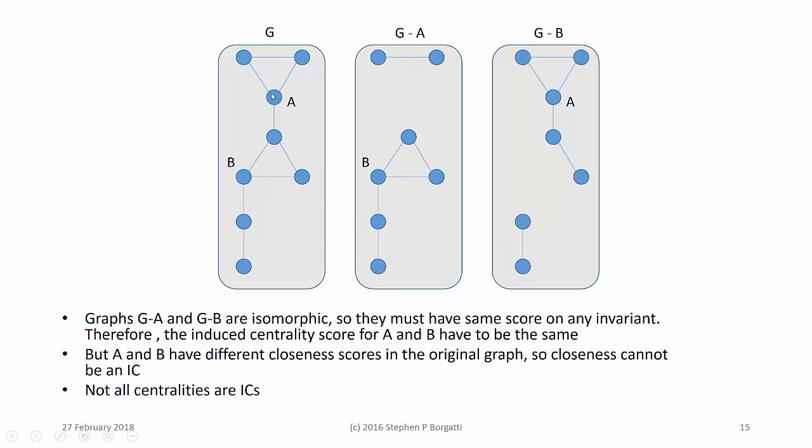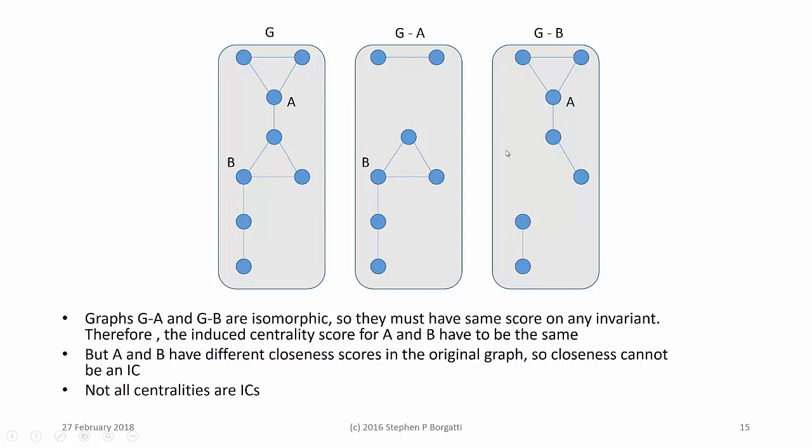Now let's put A back and delete B. B was right there, we removed this. Notice that this network over here on the right, the one that has no B, is identical to the one here, which has no A. Since they're identical, no matter what statistic we calculate on both networks, they are going to be identical.